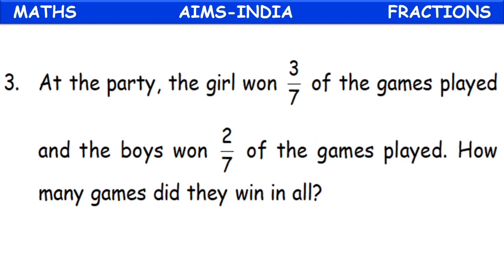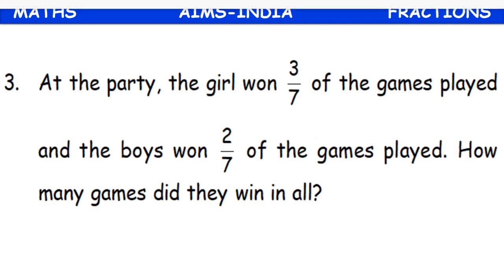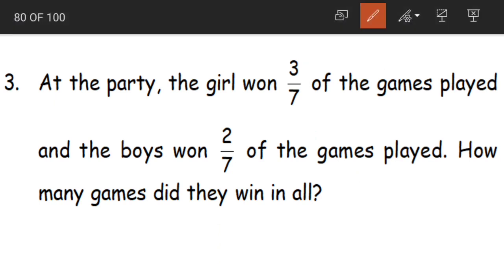Next, question 3. At the party, the girl won 3 by 7 of the games played and the boys won 2 by 7 of the games played. How many games did they win in all? Again, a similar question which is similar to question 2, children. Yes, girls won 3 by 7 of the games played and boys won 2 by 7.